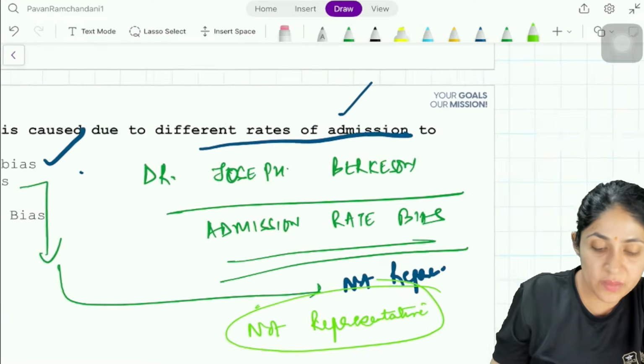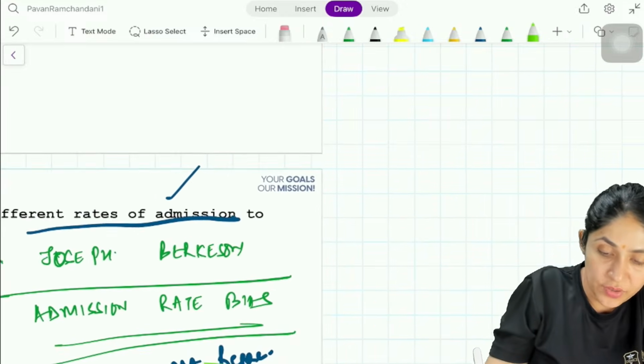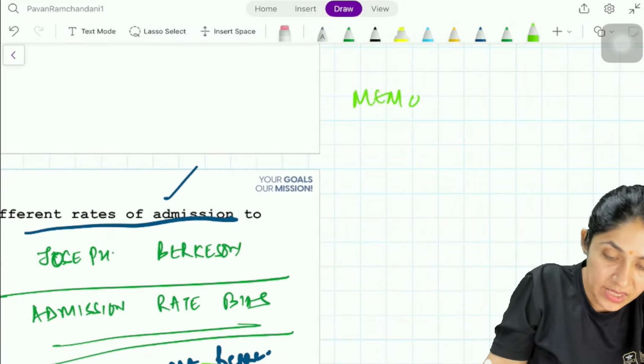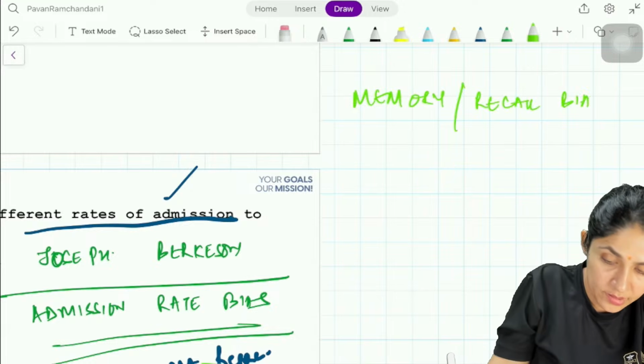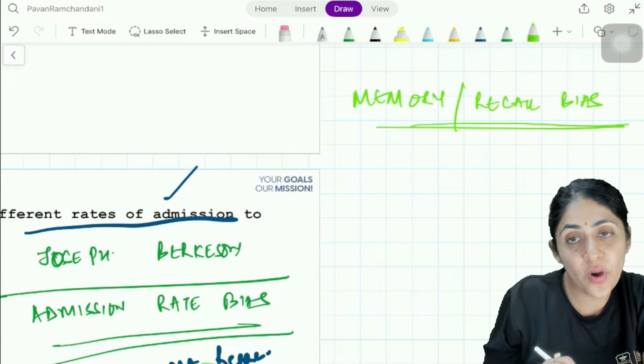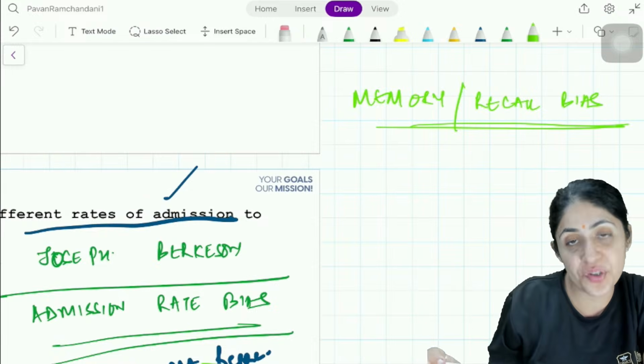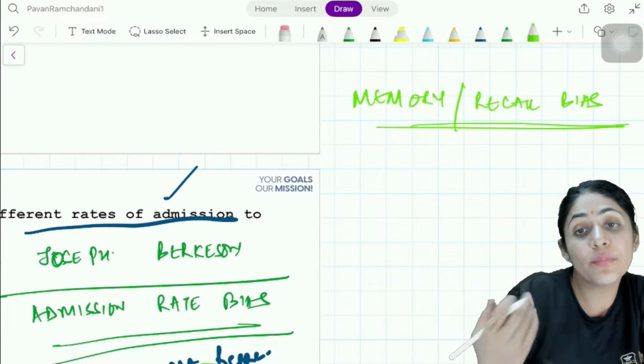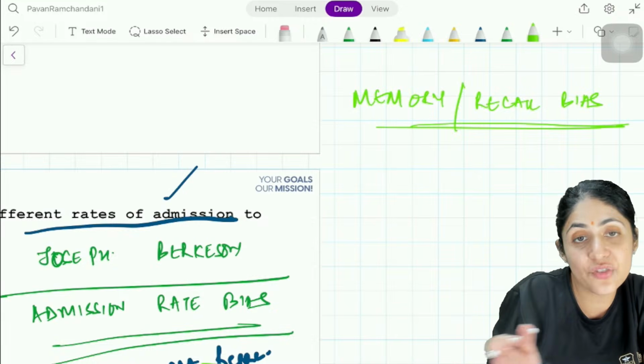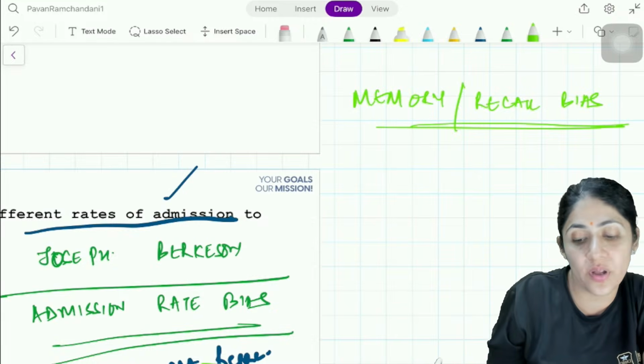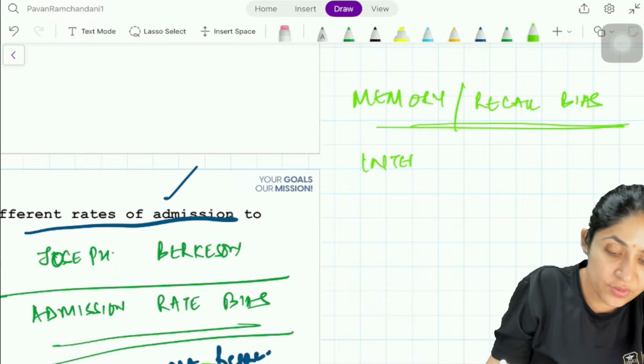The next one is memory or recall bias. Suppose you're asking questions from a person and they are not able to recall the history properly, or give the answers properly. That is called memory bias.